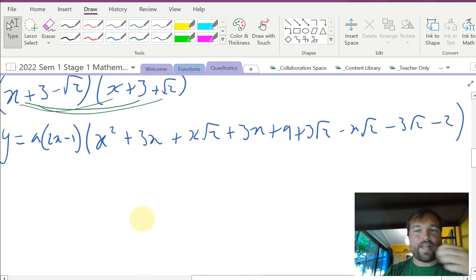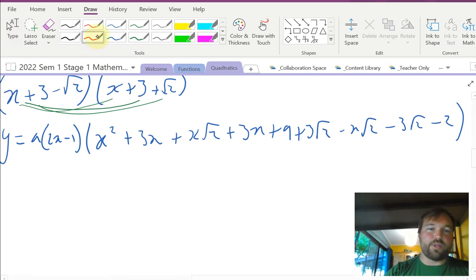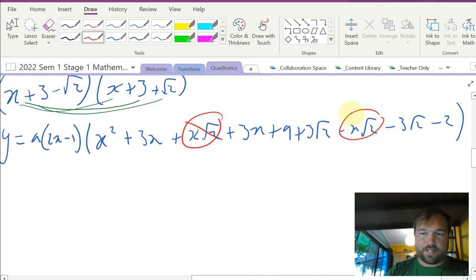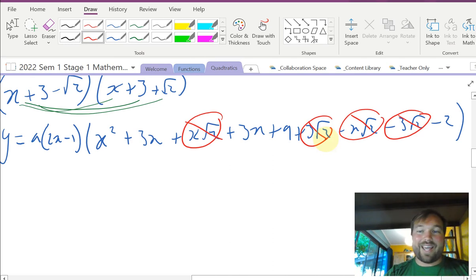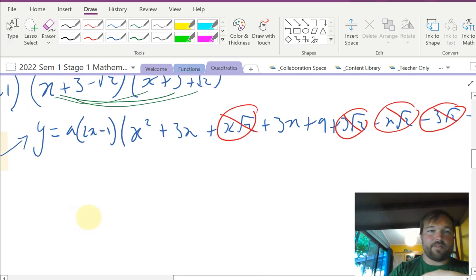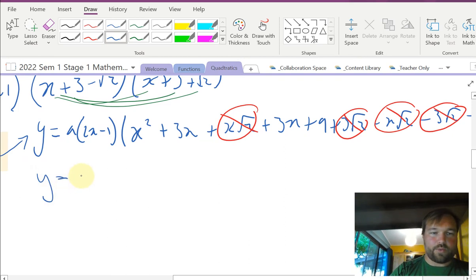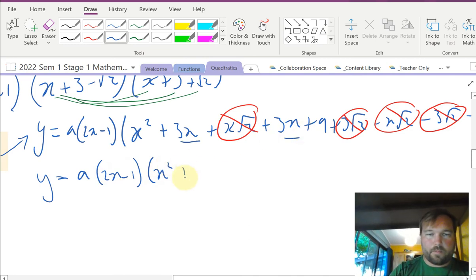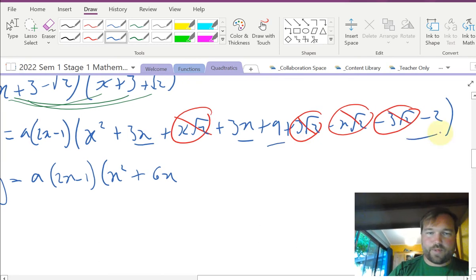Now, that, especially in my writing, looks hideous, but we should be looking for opportunities to cancel. For example, there is an x root 2 and a minus x root 2. There is a minus 3 root 2 and a 3 root 2. And what's left should tidy up relatively nicely. y equals a bracket 2x take 1 bracket x squared plus 6x plus 7.